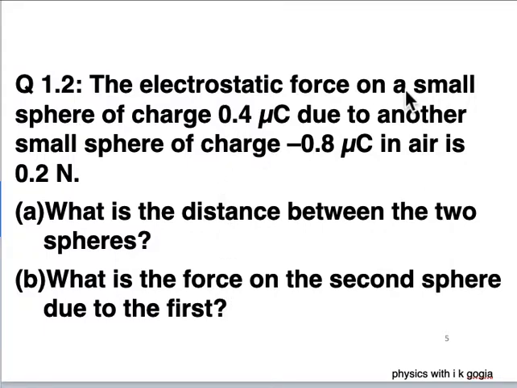Once again, the spheres are given to be small. Small sphere means we'll again take the charges as point charges. This is Q1, Q2 negative charge, and the force is 0.2 Newton. Hence the force is attractive because the charges are unlike charges.